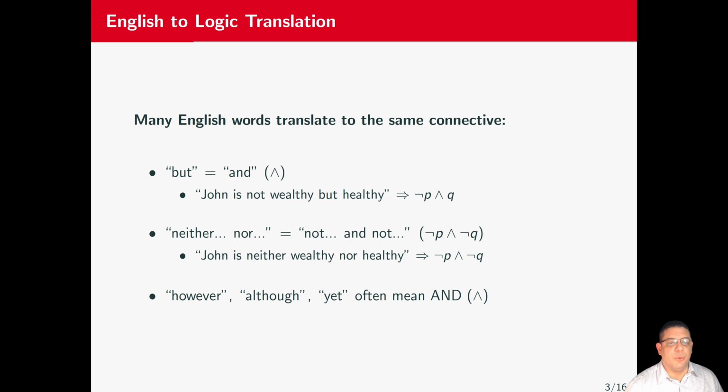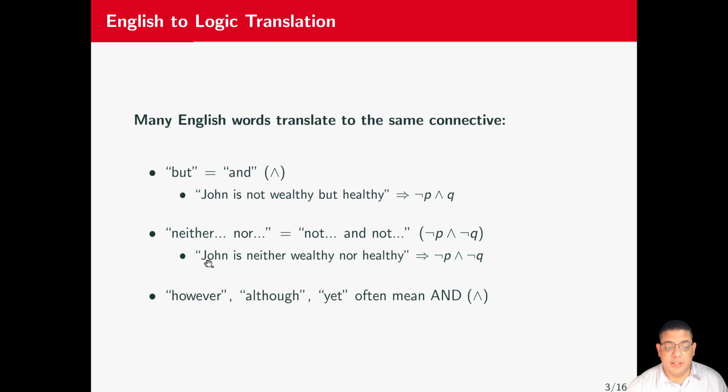Now, many English words translate to the same connective, but is equal to and. For example, we can say John is not wealthy, but is healthy, or but healthy. We can use neither or nor for not.